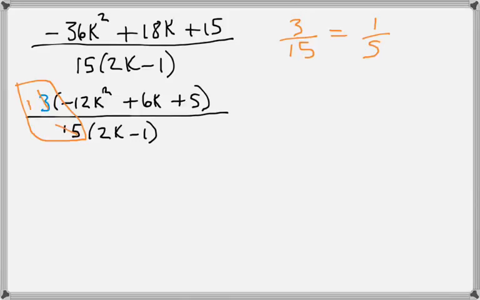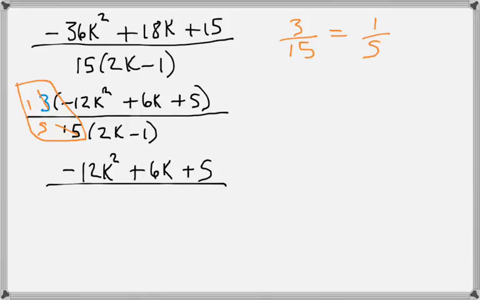This guy dies and becomes a 5. So 1 times anything is still whatever you multiplied it by. So I'm copying down that negative 12k squared plus 6k plus 5. And now in the denominator I have a 5 times the 2k minus 1.